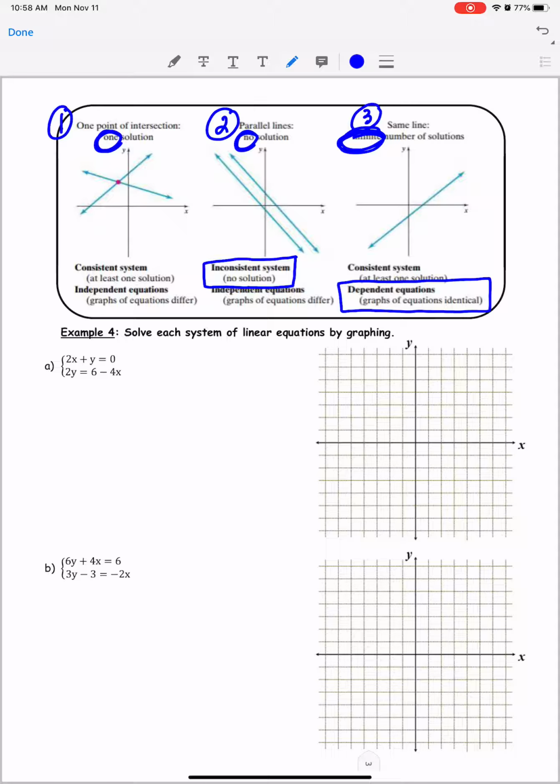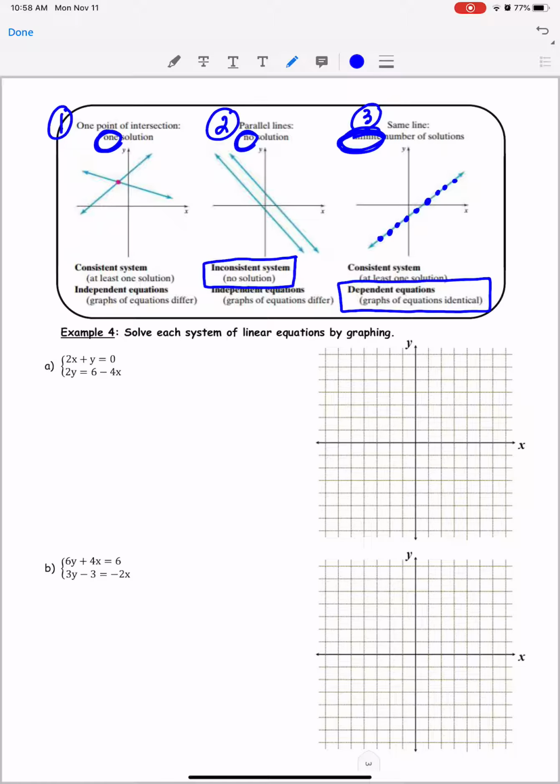And because you have the same line on top of the same line, the reason this has infinite solutions is all of those are points. Okay? So let's graph these. You're going to get one of each.